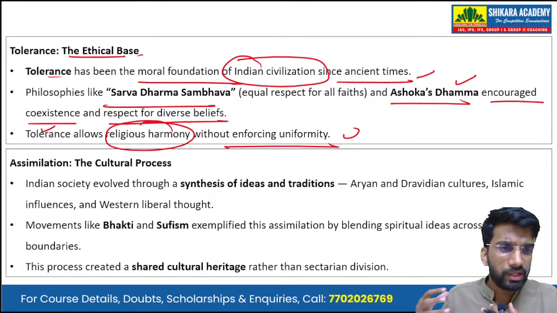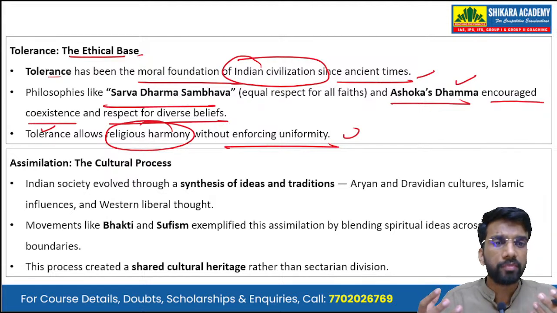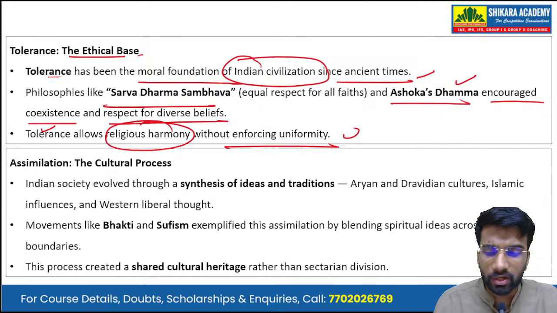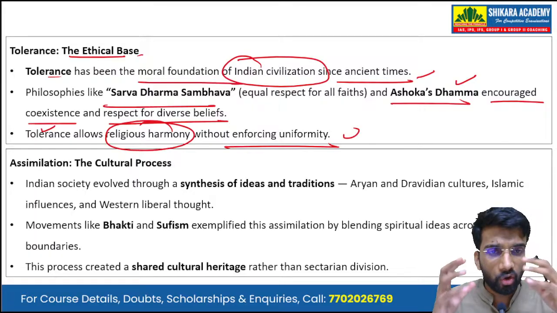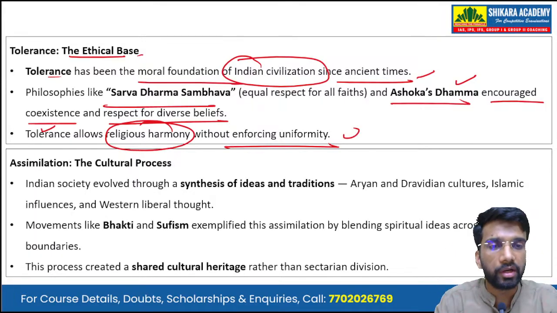So these different religions emerged in our country, and some of them, the Abrahamic religions, came from outside. But all these religions have tolerance towards each other, and this tolerance, the moral foundation of Indian civilization, allows for religious harmony.